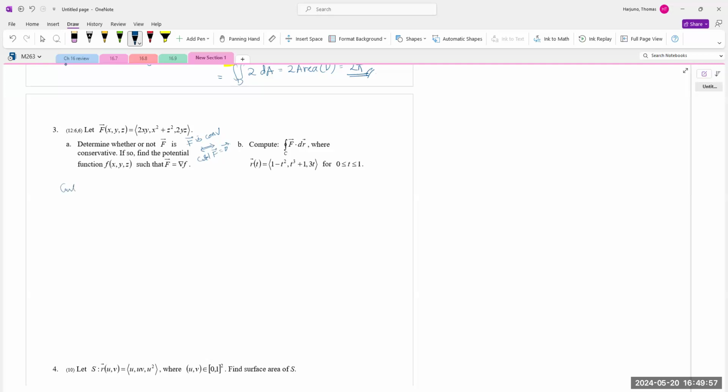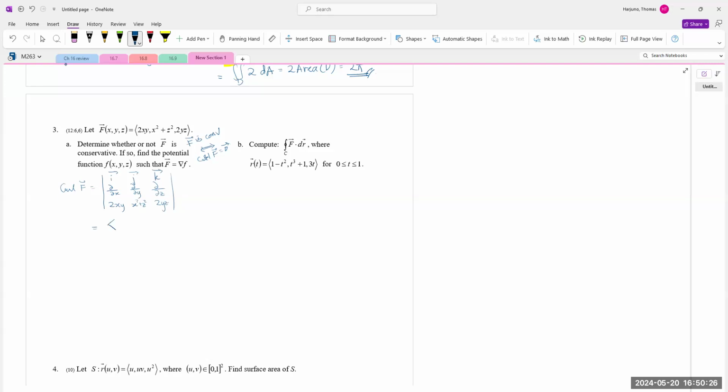Curl of vector field F equals the determinant of i, j, k; del x, del y, del z; 2xy, x squared plus z squared, 2yz.